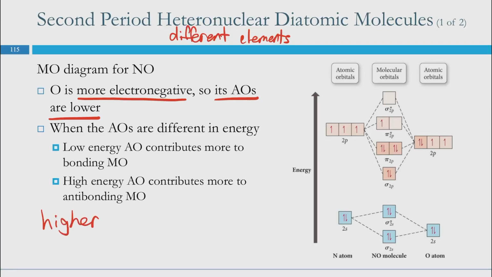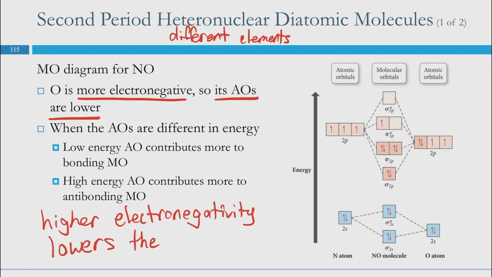So one takeaway here is that higher electronegativity lowers the atomic orbital energy.